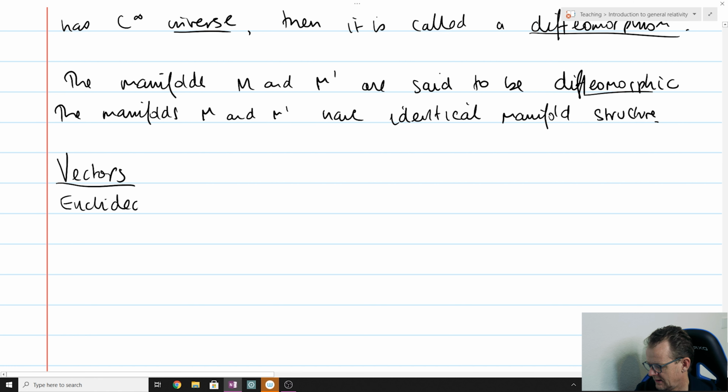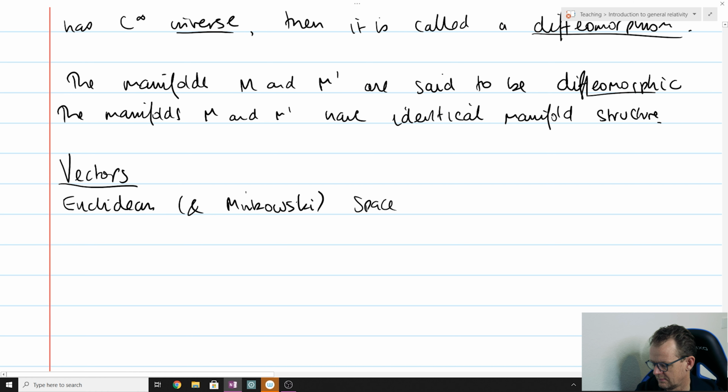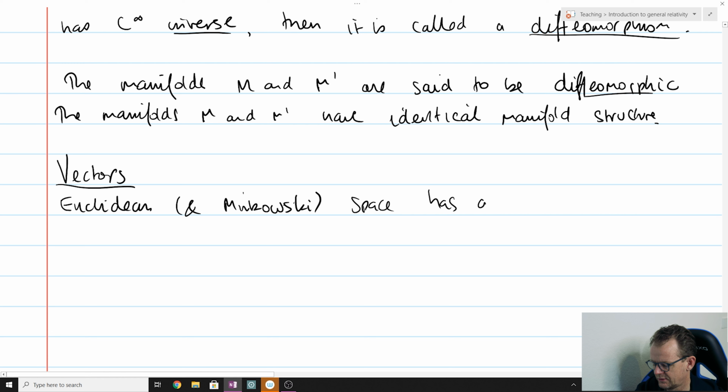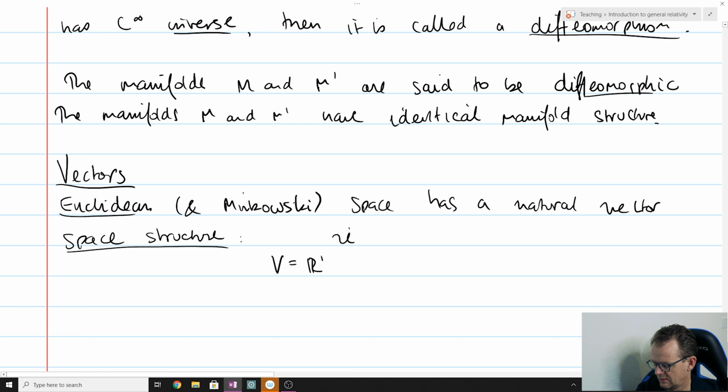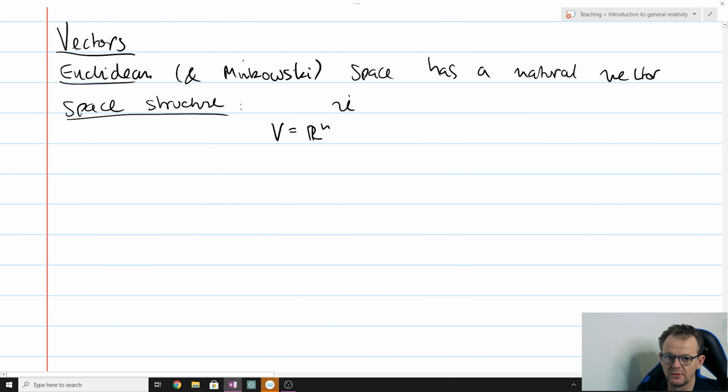So first comment is that Euclidean and Minkowski space has a natural vector space structure, i.e. V, which is Rn, is both a manifold and a vector space.